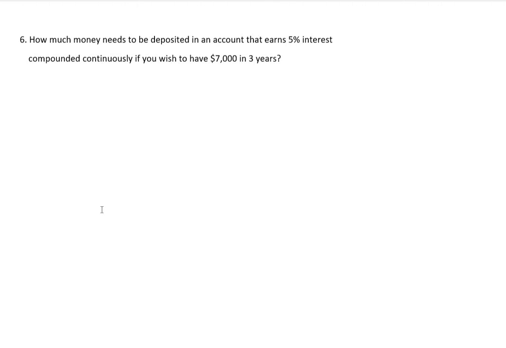Problem 6, how much money needs to be deposited into an account that earns 5% interest compounded continuously if you wish to have $7,000 in 3 years? How much money needs to be deposited is the principal. That's what I'm looking for. R is 5%. 7,000 is how much I want to have at the end of that time, so that's my accumulated amount.